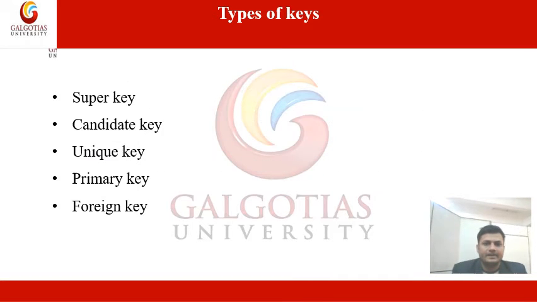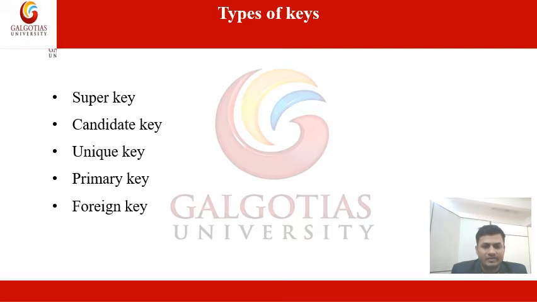Okay, so these are the types of keys. Number one, super key, then candidate key, then unique key, primary key, foreign key. Actually, primary key is also called unique key, and the term primary key is used to denote a candidate key, because there will be lots of candidate keys, and on the basis of that, we will find the data in the table or in the database uniquely.